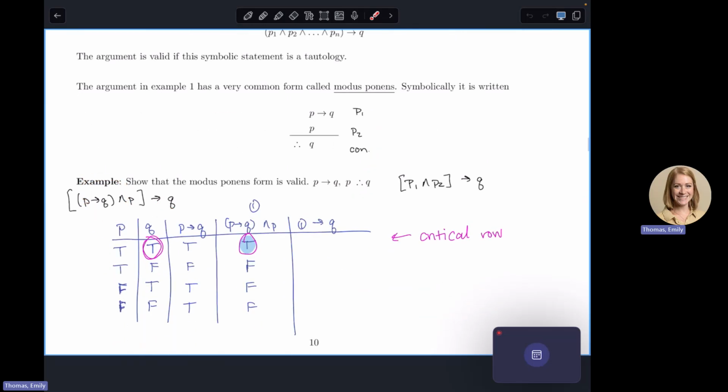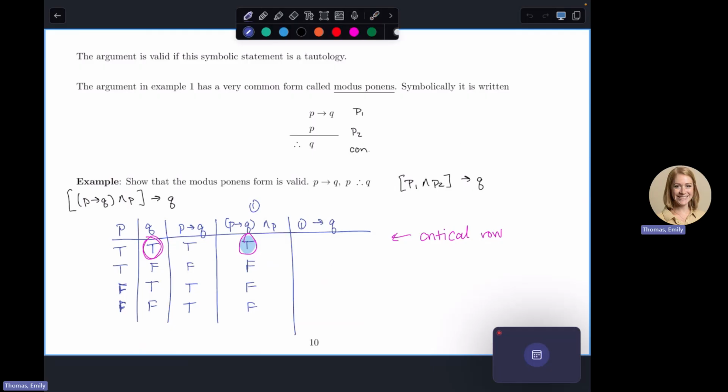Doing a truth table for that, you're going to do this truth table for this conditional and make sure that you get a tautology, right? The thing about the critical row is that this thing, the hypothesis of the conditional statement, if it's false, what happens? Let's talk through that again without me just shouting at you.